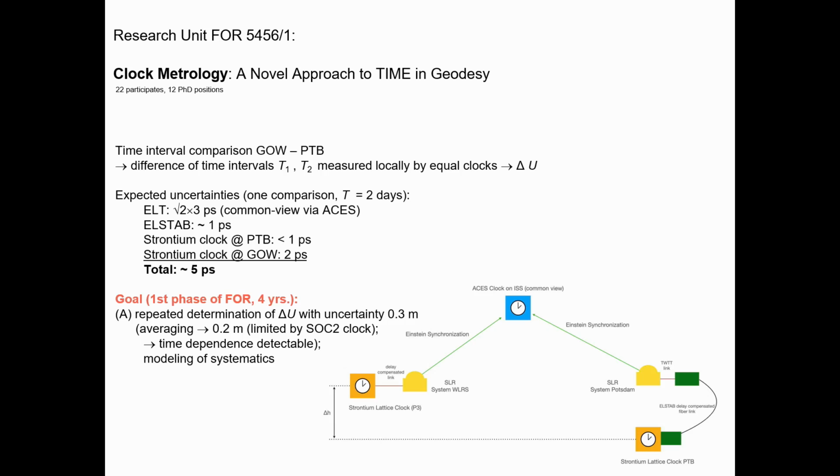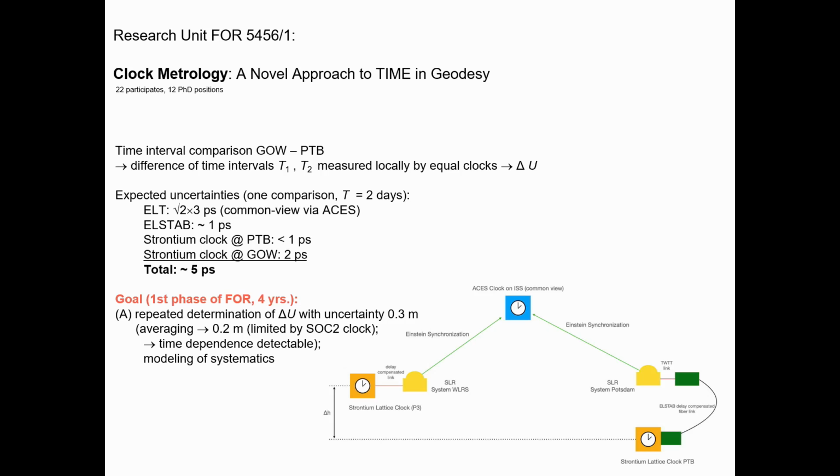In Potsdam, we will use an optical fiber connecting Braunschweig, where the national metrology institute of Germany is located. They also operate strontium clocks, and they will provide these strontium clocks through a fiber link to Potsdam Observatory.